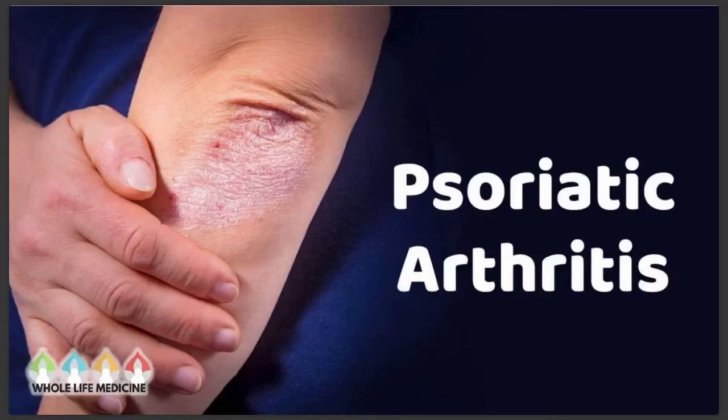Psoriatic arthritis is much more likely to cause swollen fingers and swollen toes. Foot pain is very classic. Also lower back pain. The common risk factors are having psoriasis, having a family history of psoriasis or psoriatic arthritis, and age. It typically occurs between the ages of 30 and 50.